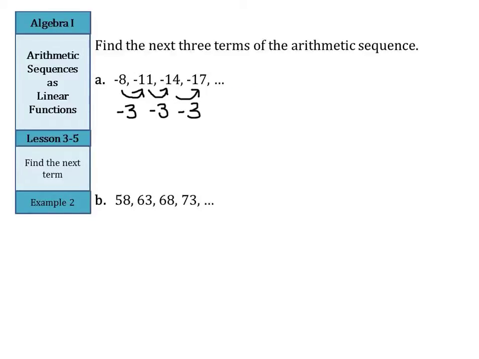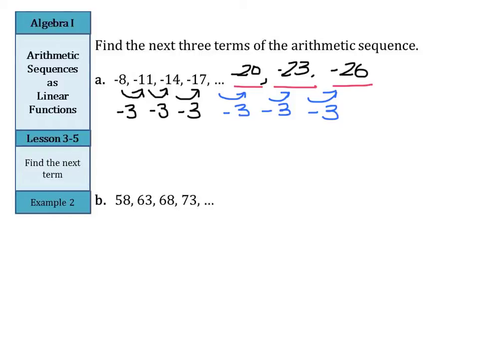So for our next 3 terms, we can assume that this is going to continue to go down 3, and down 3. What are these terms? Negative 17 minus 3 is negative 20. Negative 20 minus 3 is negative 23. And negative 23 minus 3 is negative 26. So these next 3 terms are negative 20, negative 23, and negative 26.